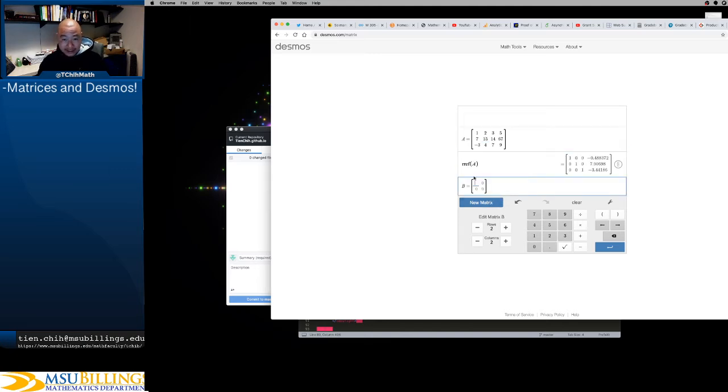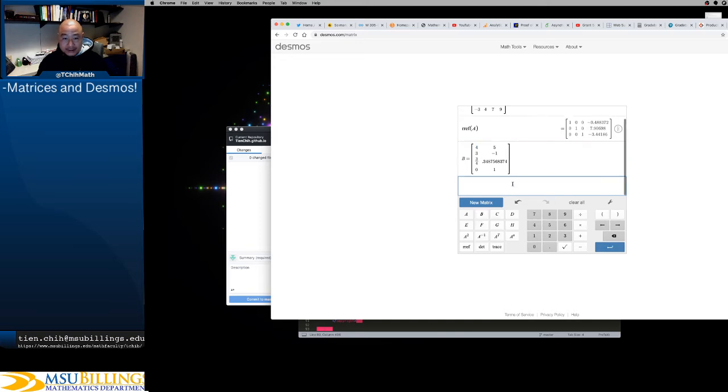So let's go ahead and make a new matrix. Let's call it B. Let's make it so that the product is defined here. So let's say it's a 2 by 4 matrix. Let me just put in random values. 0 is fine. 1.